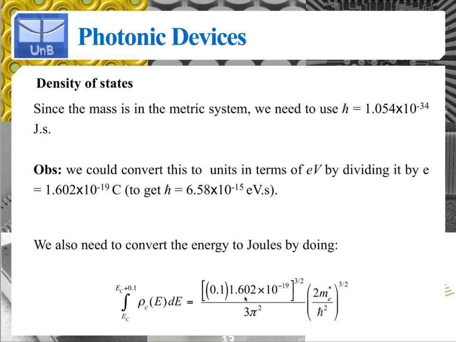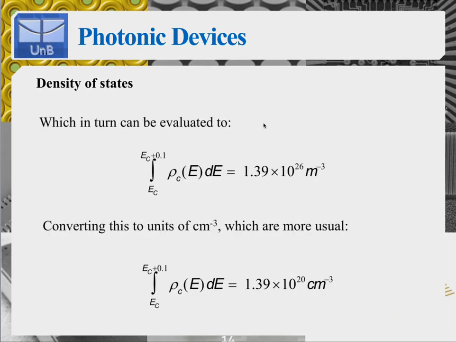We also need to multiply this by the elementary charge to get the energy in joules. We need to be careful to do this multiplication right here, which is a straightforward calculation that gives us this number right here, approximately 1.4 times 10 to the 26 per meter cubed.